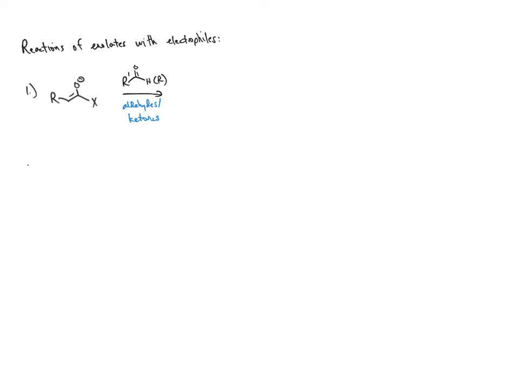Second thing that enolates could react with are esters. Okay, the third thing that we're going to talk about enolates reacting with are alkyl halides.